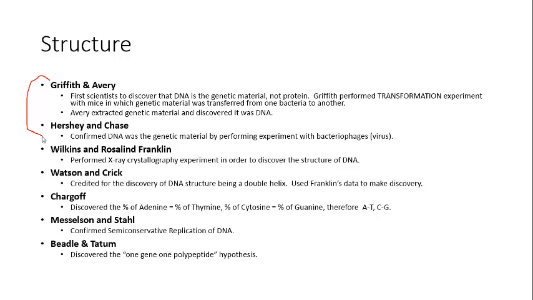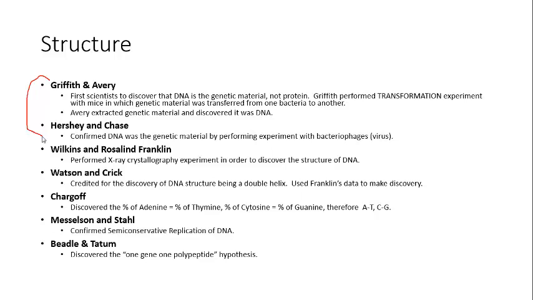Griffith performed a process called transformation. During his transformation experiment, he injected mice with different strains of bacteria, and what he found is that the genetic information traveled from one bacteria to the other bacteria and transformed that bacteria into a harmful bacteria.